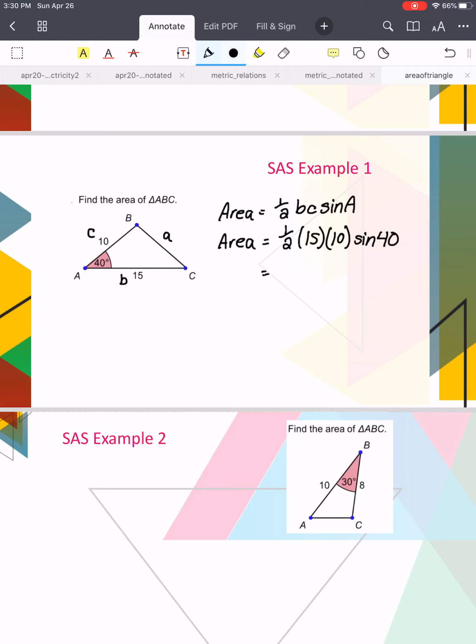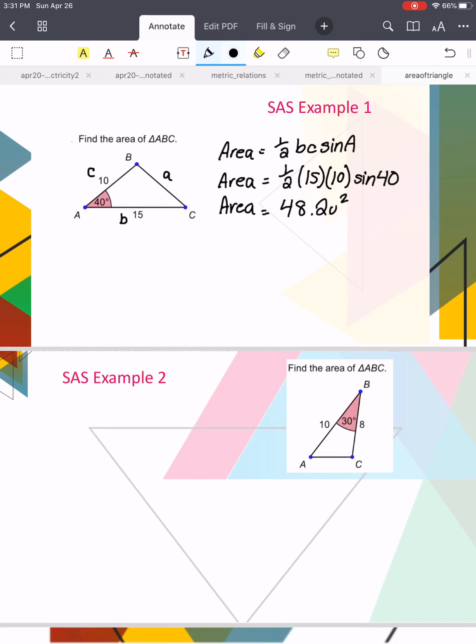Plug that into your calculator, and you get that the area is equal to 48.2 square units. This is a very simple formula to use, but also very powerful. If these are the things that you're given, it makes it very easy for you to solve for the area of a triangle.